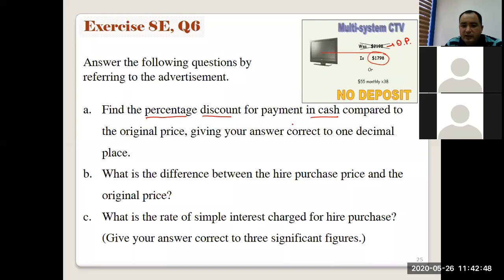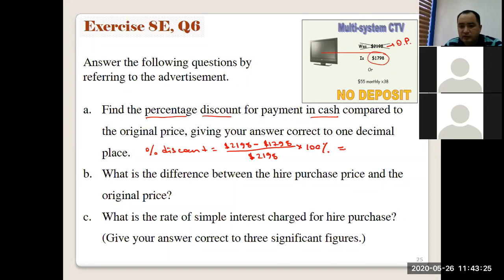Okay. So how do we calculate this? Percentage discount is originally it was 2198 minus, now it is 1798, right? And originally it was 2198 times 100%, right? On this price, how much discount is offered?